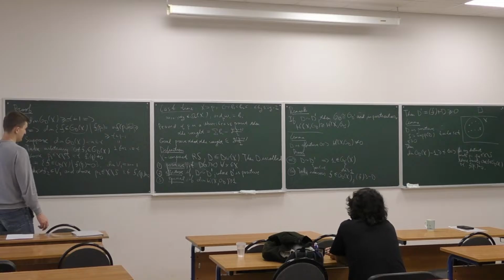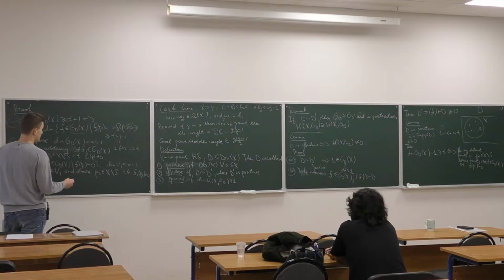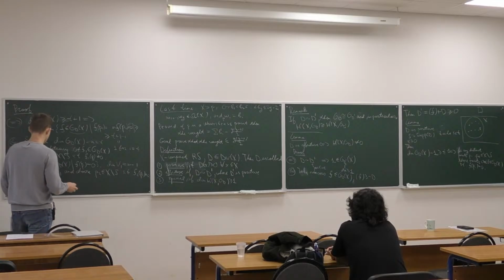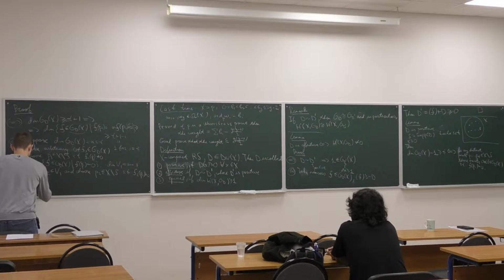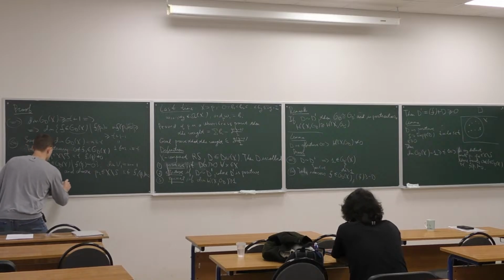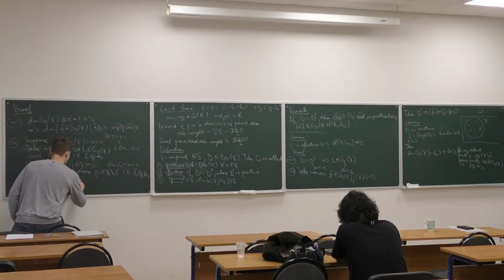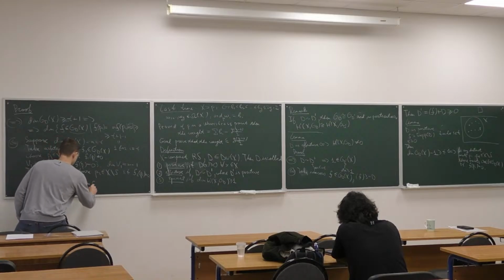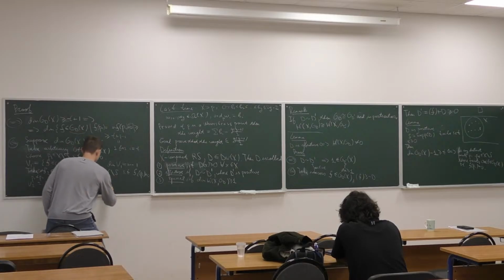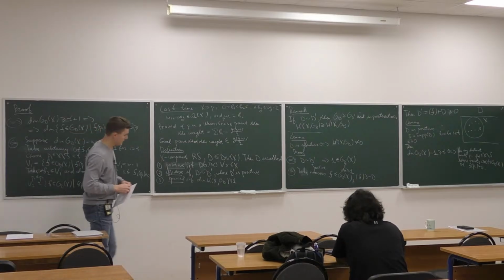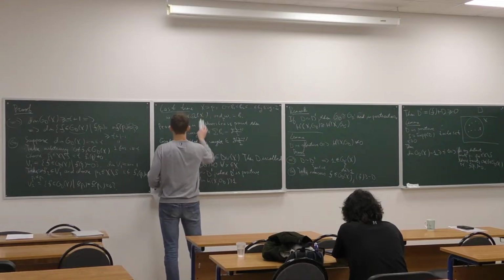Then p1 is automatically not equal to p2. Then define V2 as the space of functions such that f of p1 is equal to 0, and f of p2 is equal to 0. And then you continue in the same way.